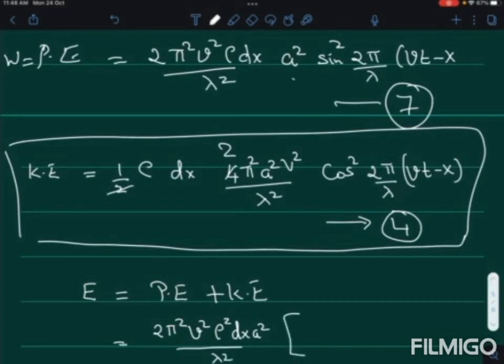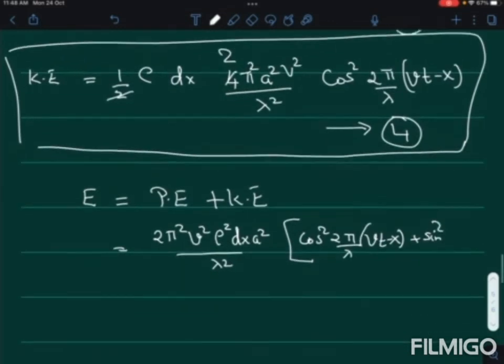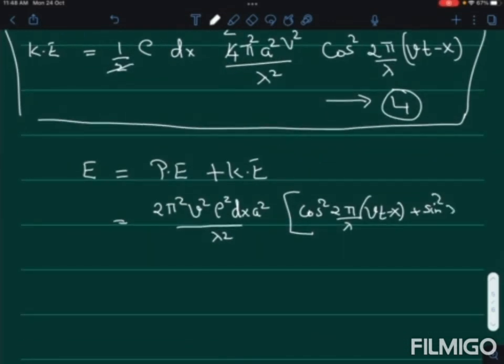It is cos square 2 pi by lambda (vt minus x) plus sine square 2 pi by lambda (vt minus x). So cos square theta plus sine square theta is nothing but 1.